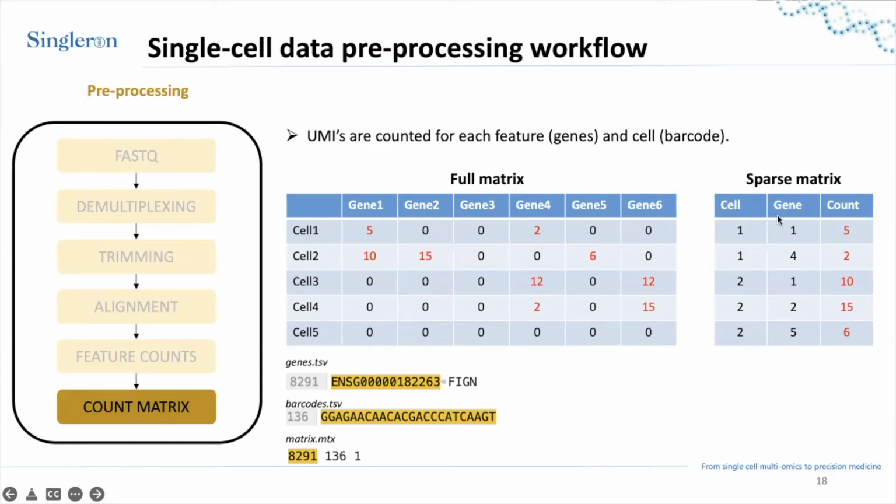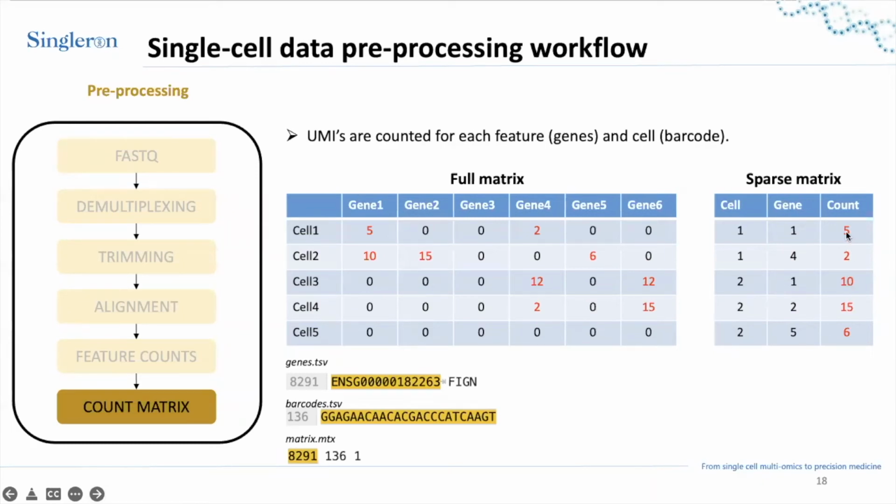So in the sparse matrix, three different columns are shown here, with the first column being cells, another column being gene, and the last column being the count.